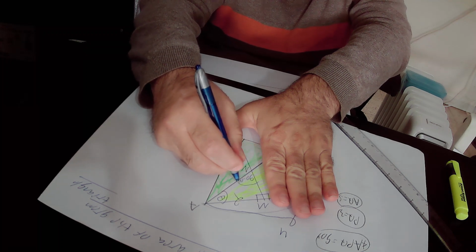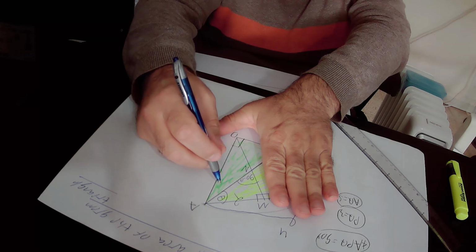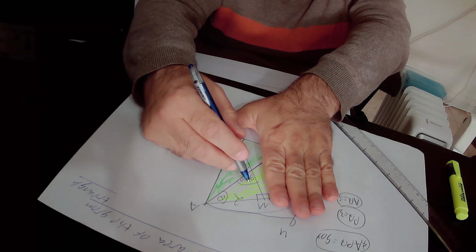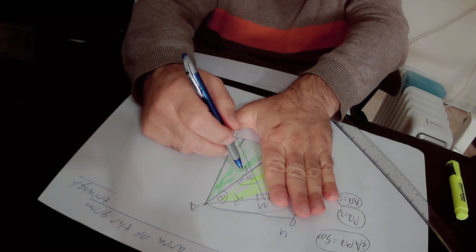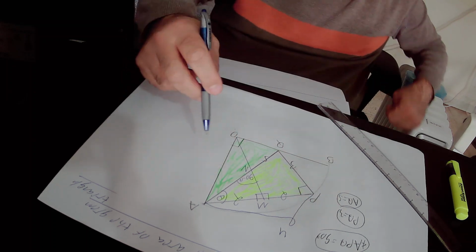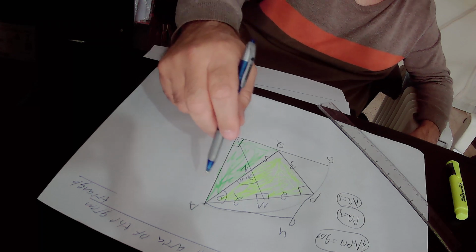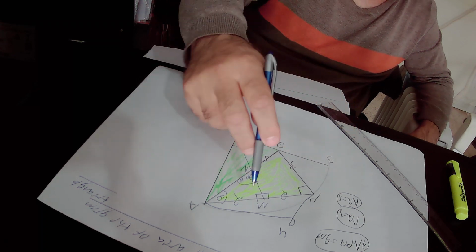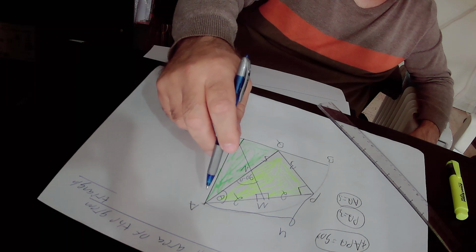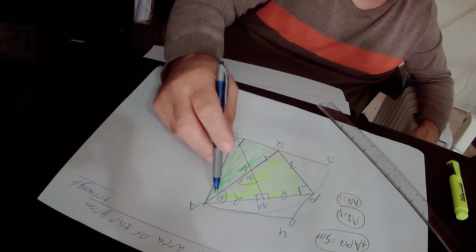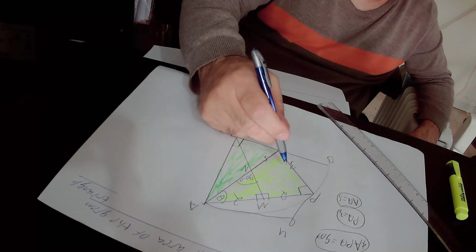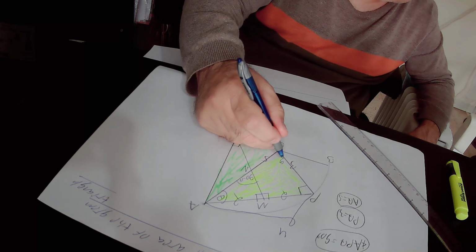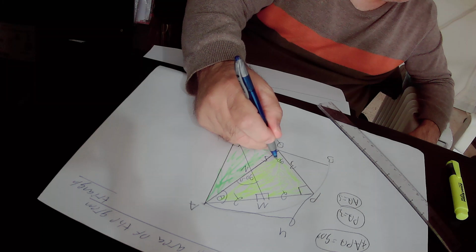Why? Because 90 degrees minus theta plus theta is 90 degrees, and 90 degrees plus 90 degrees is 180 degrees. That is the sum of the angles in any triangle. Likewise, in the big right yellow triangle APQ, this angle equals theta. This angle equals 90 degrees, therefore the missing angle must be equal to 90 degrees minus theta.